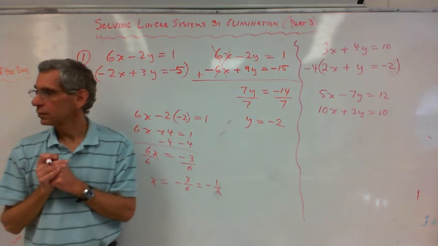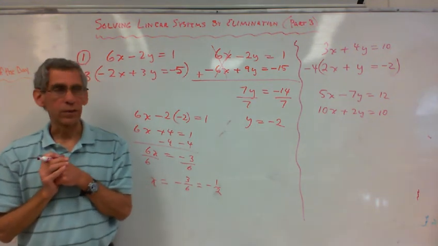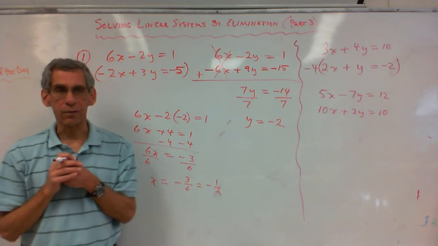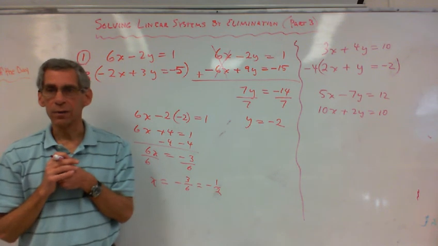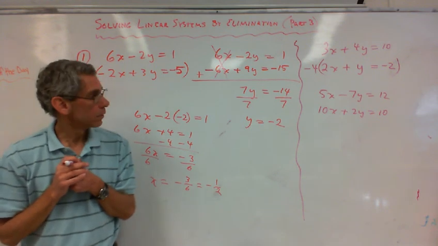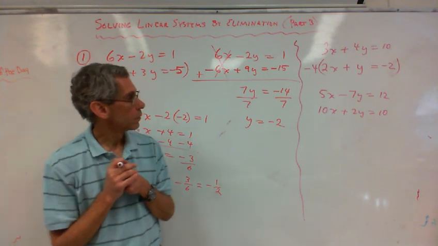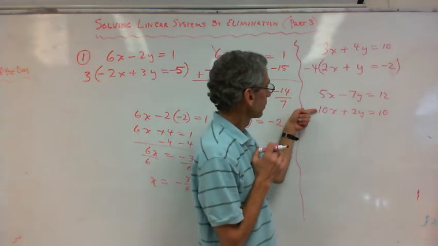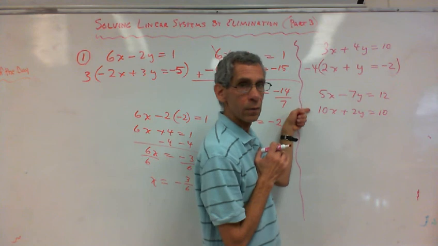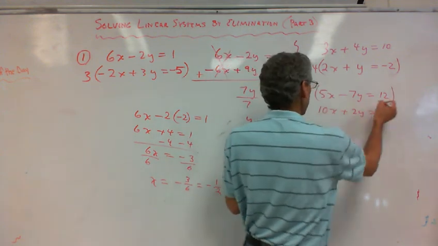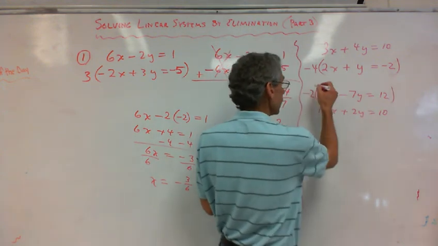What would you do? Somebody that hasn't gone yet. Okay, Gabe. Multiply the bottom by -2, or no, multiply the top by -2. Exactly, that's what I would do. I multiply that one by -2.